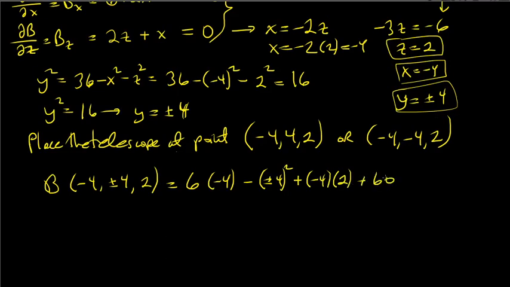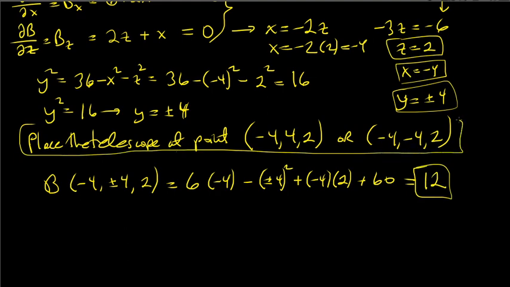And then plus 60, if I remember right. In fact, that'll make it positive. All right, so negative 24 minus 16 minus 8 plus 60 is 12.